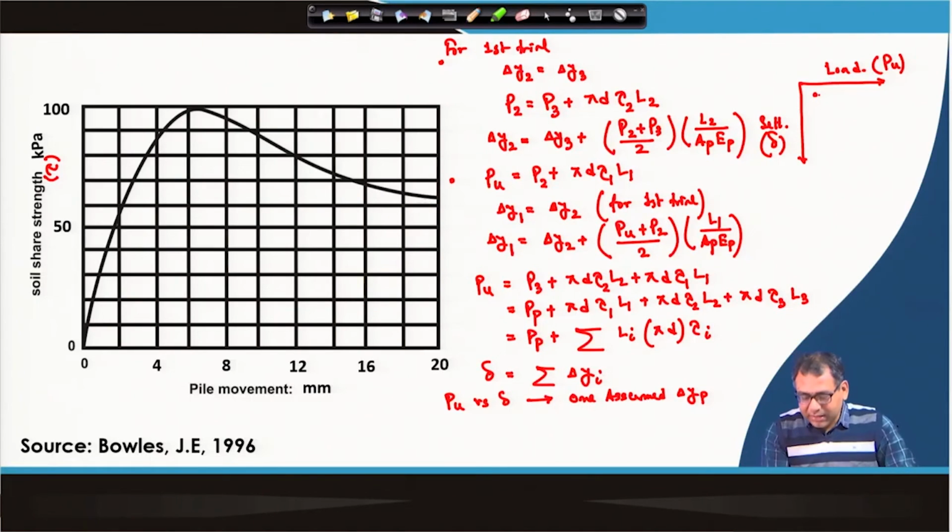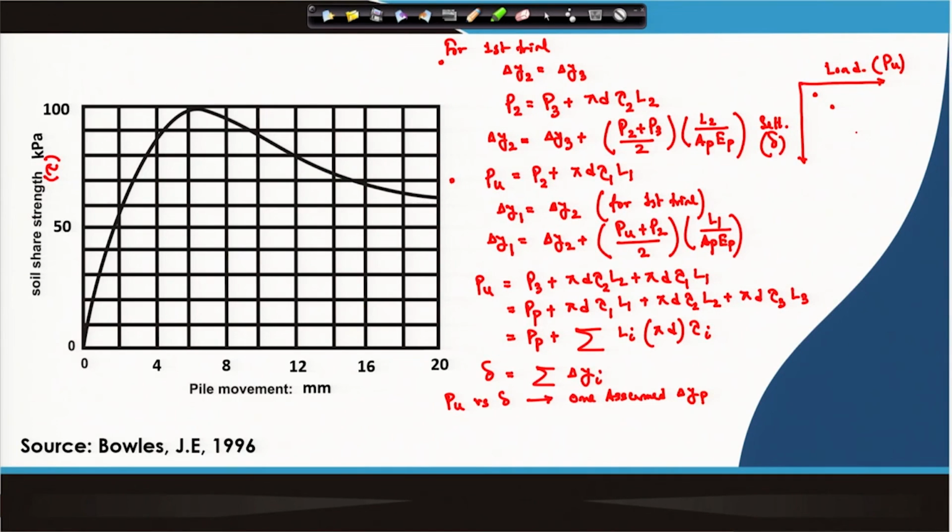Then we assume another del y p and we get another settlement and the P u, and then we will plot these points over this load versus settlement plot, and then we will get the load versus settlement curve for the pile. Okay.